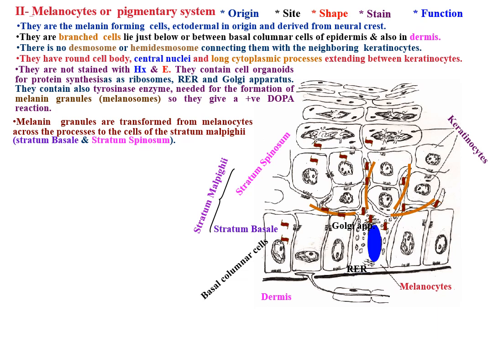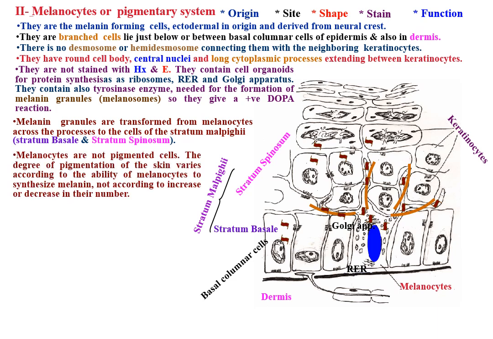The degree of pigmentation or the color of the skin varies according to the ability of melanocytes to synthesize melanin, not from increase or decrease in their number. Thus, there is no significant difference in the number of melanocytes in the white or dark races.